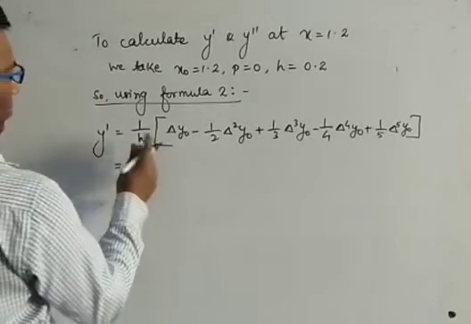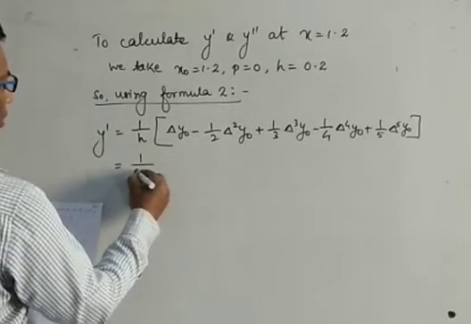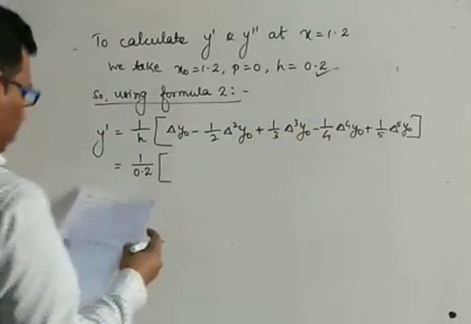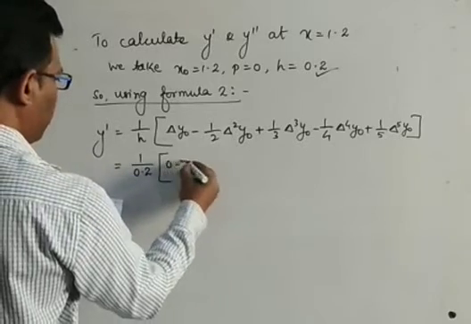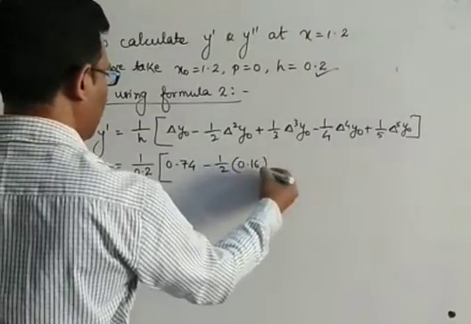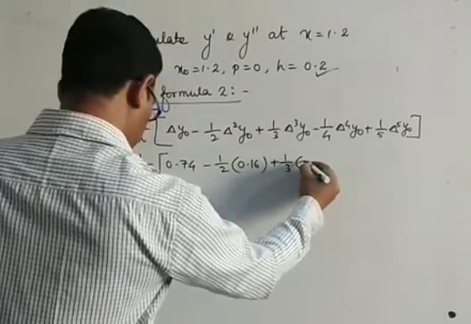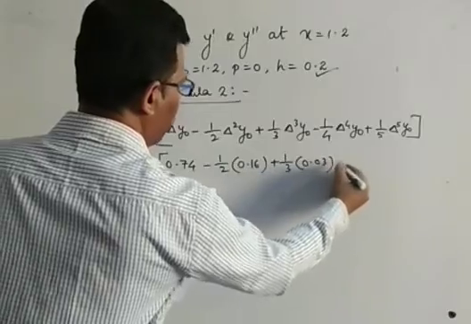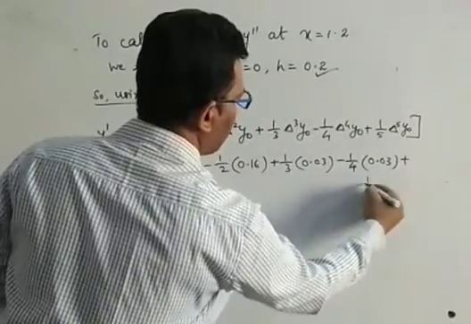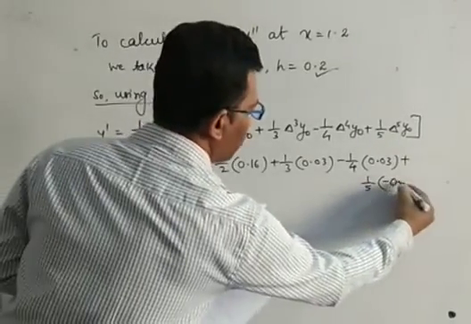So putting the values of h and the forward differences, that is 1 by 0.2 [0.74 minus 1 by 2 times 0.16 plus 1 by 3 times 0.03 minus 1 by 4 times 0.03 plus 1 by 5 times minus 0.05].